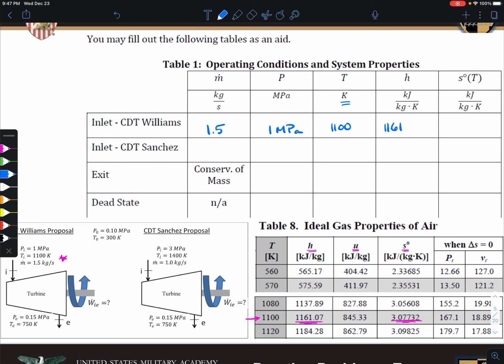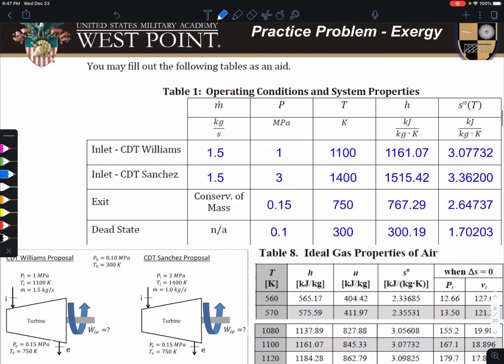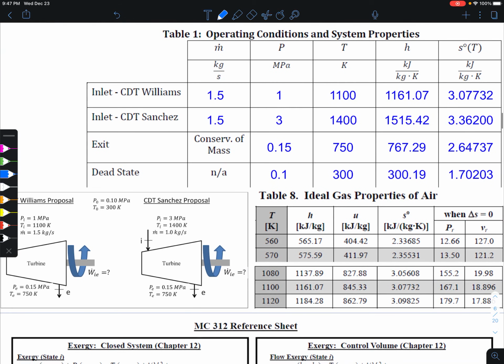So we end up with an enthalpy of roughly 1161 kilojoules per kilogram, and a degrees entropy of just over 3. Now, I'm not going to walk through filling out each one of these cells. I just wanted to point out the process by which we were doing this. And you can scroll down, and I've filled them all out here.